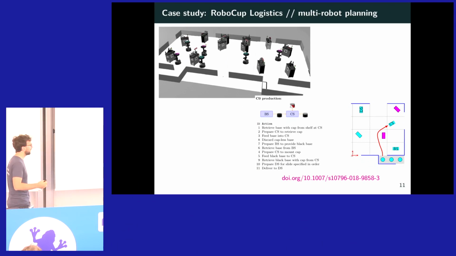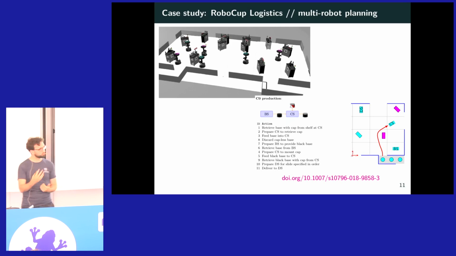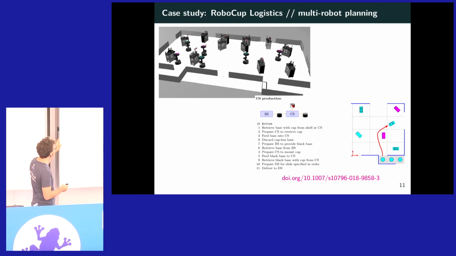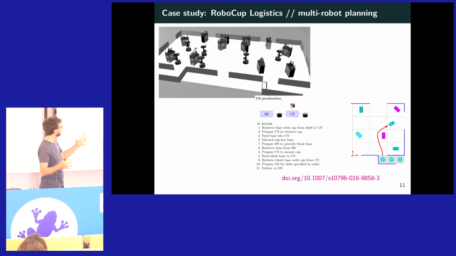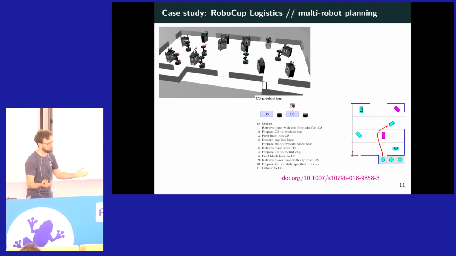The task is that one team, so there are two teams here, and one team has, I think, 3 robots, and you have a list of products you should assemble, and each product gets a specific amount of points.